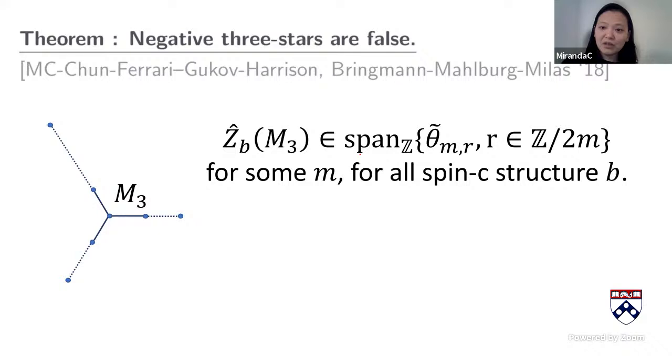So in the simplest example, we could prove that for all plumbed M3s, with this kind of plumbing graph, in other words, Seifert manifolds with 3 singular fibers, and they have the right signature for the plumbing matrix in order for the plumbing definition to be well defined, then you could show that for each of them there is a positive integer m such that the Z-hat invariant, up to some prefactor we don't care about, possibly up to some finite polynomials, lives in the span of the theta functions of that index.